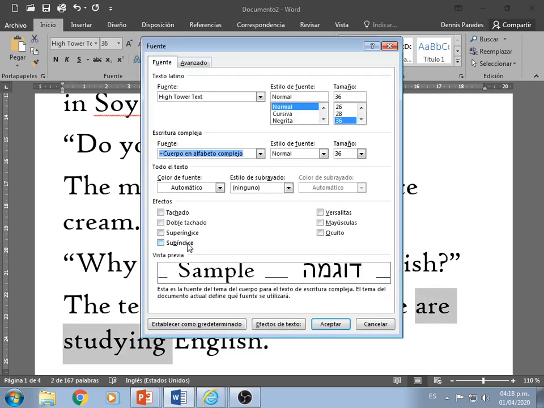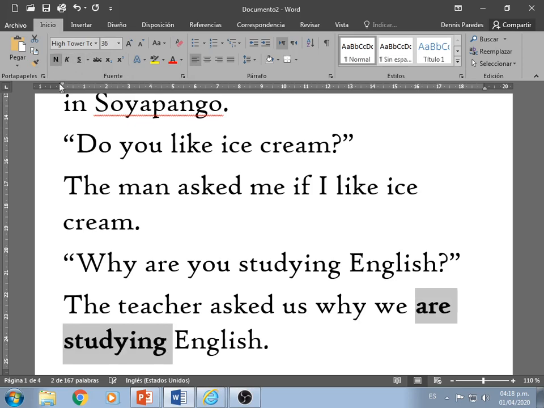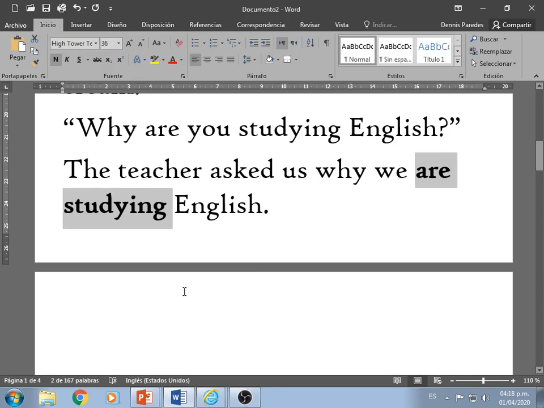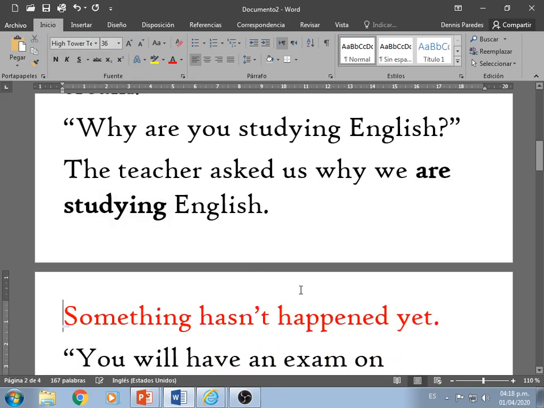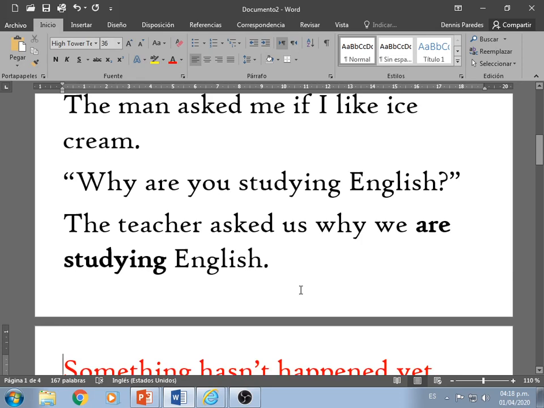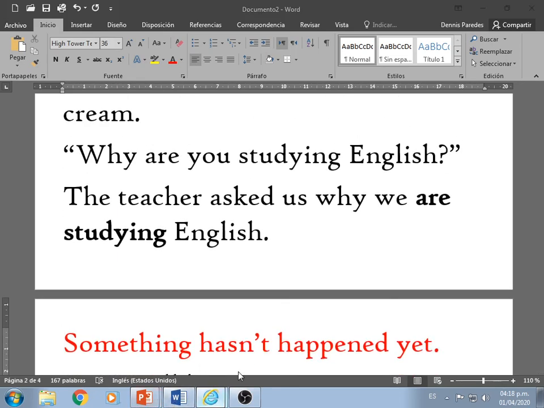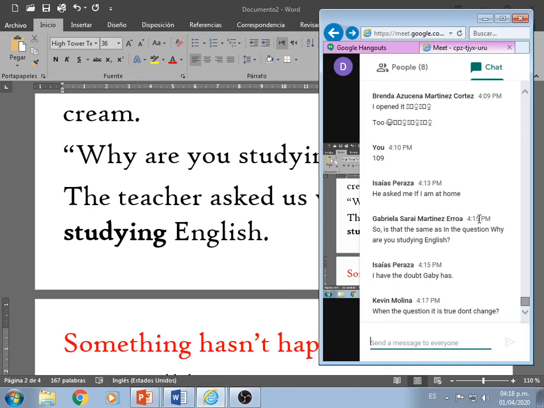So in here, the information will remain the same. We're not going to have any changes because it's some relevant information about you. The teacher asked us why we are studying English. Okay? Yeah, when the question is just asking for something that is true about you, Kevin, or it's something relevant about you, you don't have to change the tense.